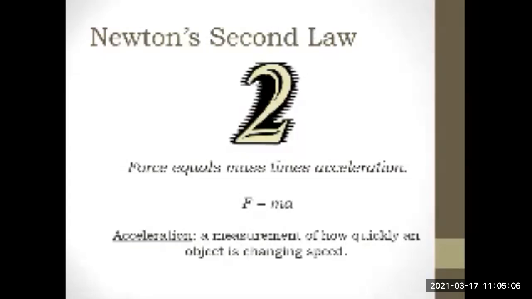Now see, what is acceleration? A measure of how quickly, meaning how smoothly, how quickly the object is changing its speed. We can also term this as the rate of change of velocity with respect to time. If the change in velocity is very quick, very fast, it means acceleration is very high.